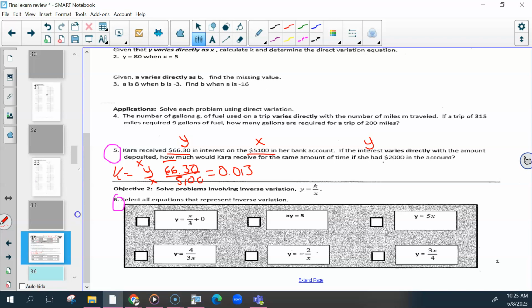How much would she receive for the same amount of time if she had $2,000 in her account? We have the amount deposited, and we're looking for y. So when we set up that equation, it would be y equals 0.013 times the x.